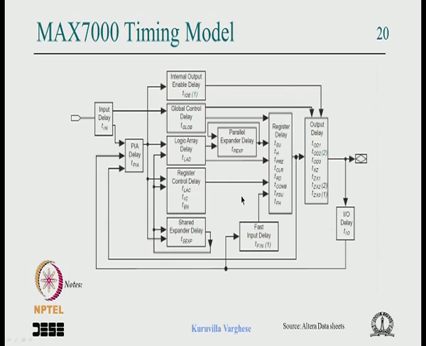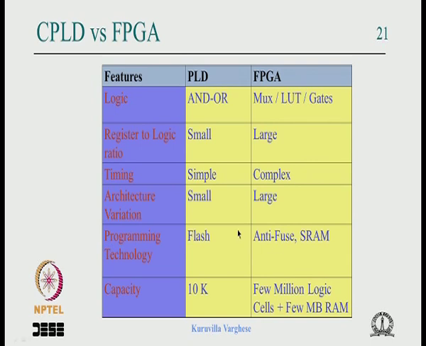To that extent it may be slow. If you have 22 nanometer technology, the latest FPGA will be built on that, but the CPLD may not be, because the volume of sales may not be that high. So we have seen the features: very wide AND-OR, number of registers is small, timing is simple, architecture variation is small, the programming technology is flash and the capacity is around 10K.